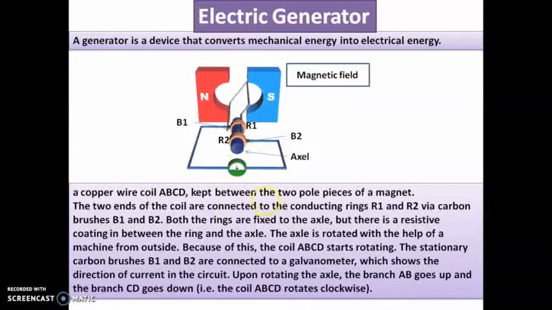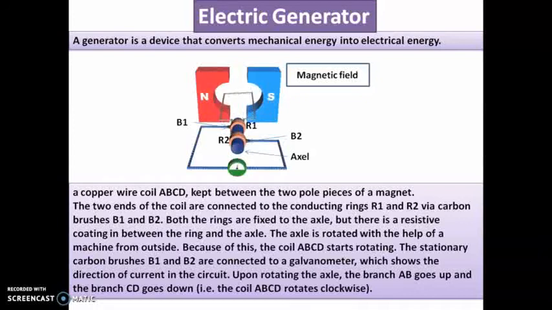This axle is rotated, because of which the coil ABCD starts rotating. As you can see in the diagram, the coil ABCD is rotating. The stationary carbon brushes B1 and B2 are connected to a galvanometer. So this is a galvanometer, which shows the direction of current in the circuit.